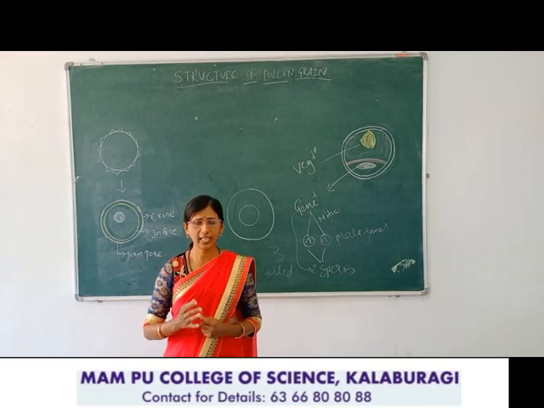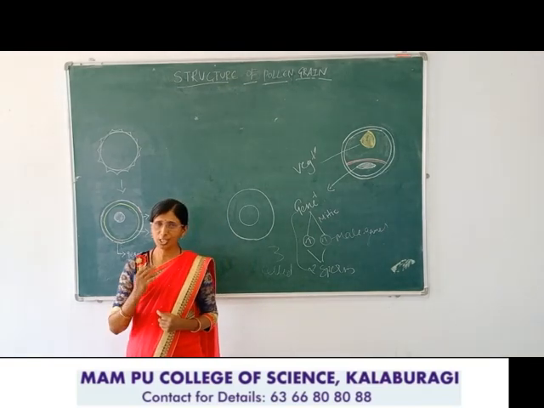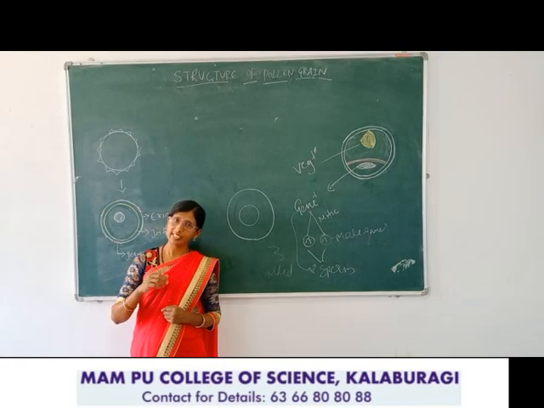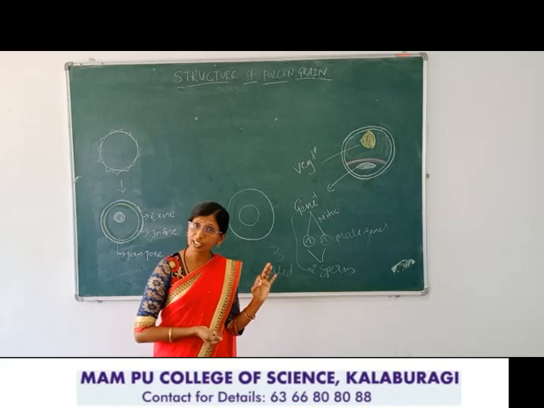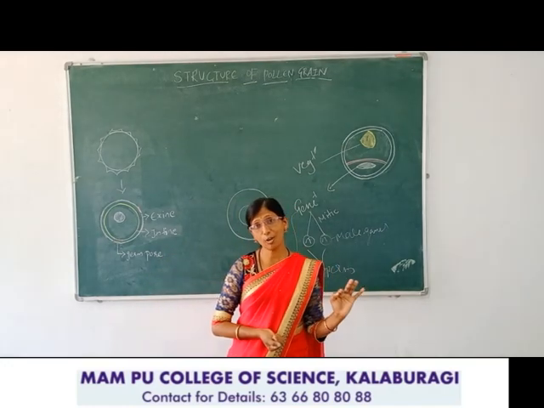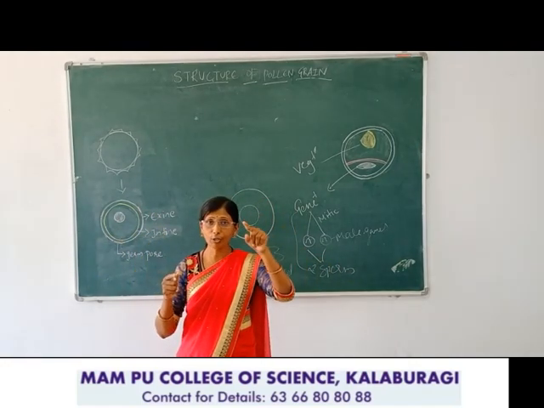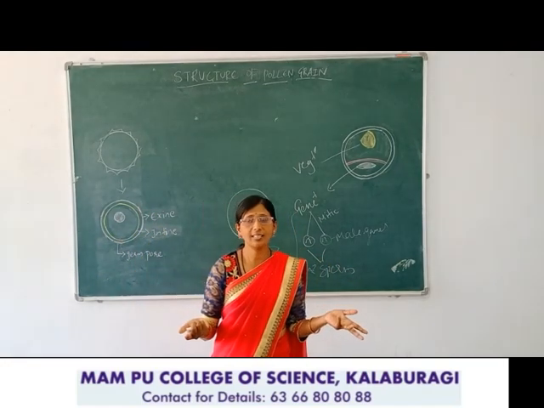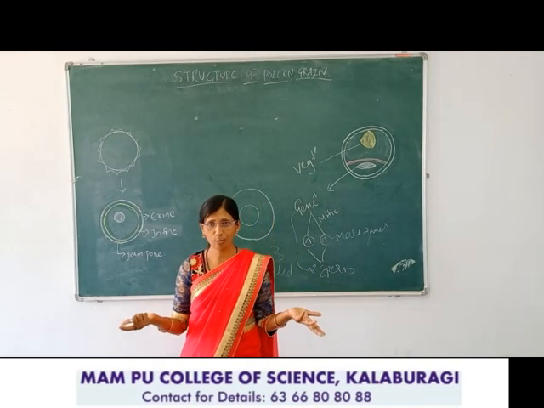So these are the main uses of the pollen grains. The main function is pollination. Pollination takes place, fertilization takes place. If fertilization takes place, fruit and seed are formed. If the seed is formed, again there is the formation of a new plant. The new plant releases oxygen. If oxygen is present, human beings are also present.